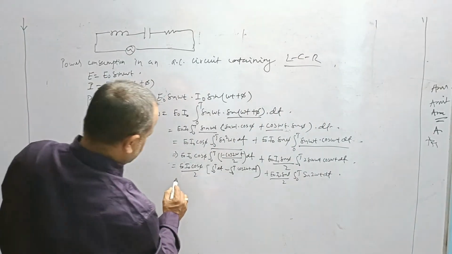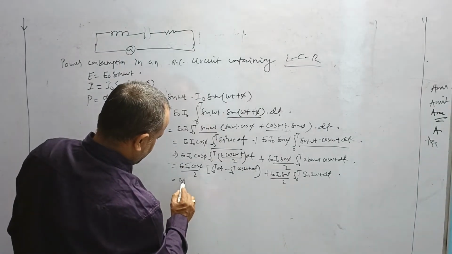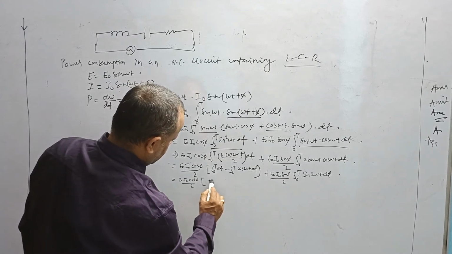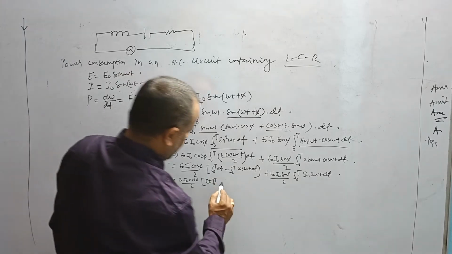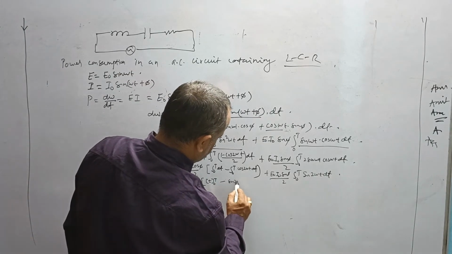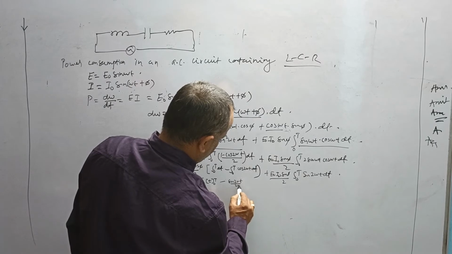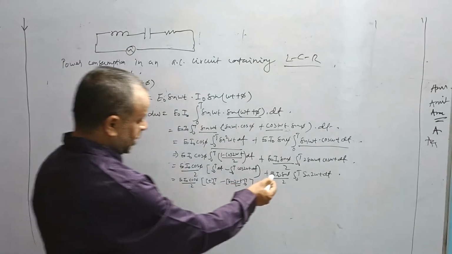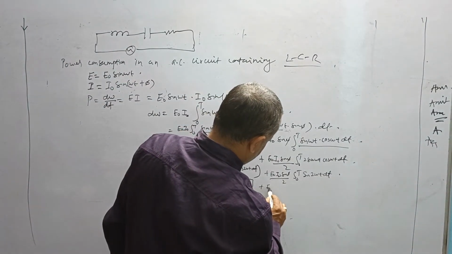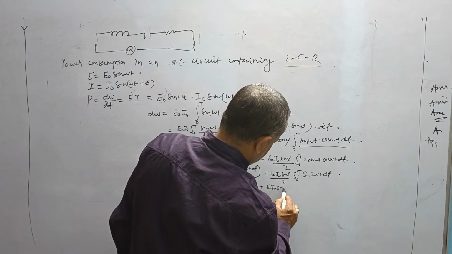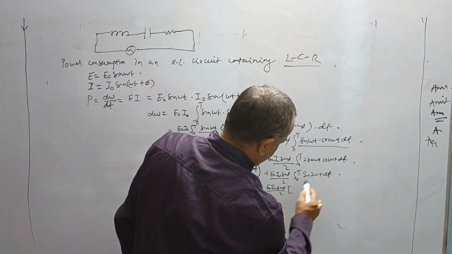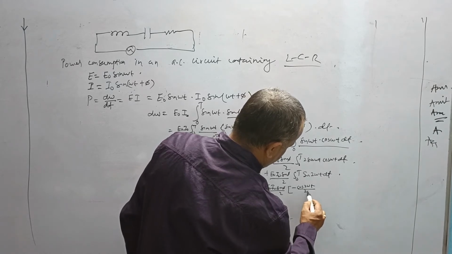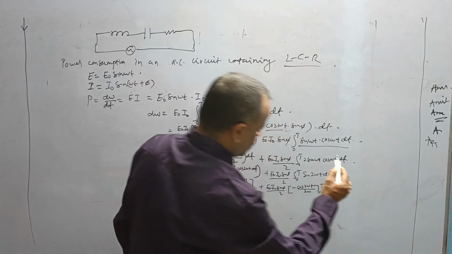Now this is E naught I naught cos phi upon 2, this is t, it goes from 0 to t. Then we have sin 2 omega t upon 2 omega, from 0 to t. And similarly we integrate E naught I naught sin phi upon 2, which gives cos 2 omega t upon 2 omega, from 0 to t.